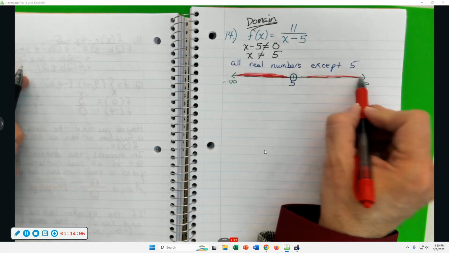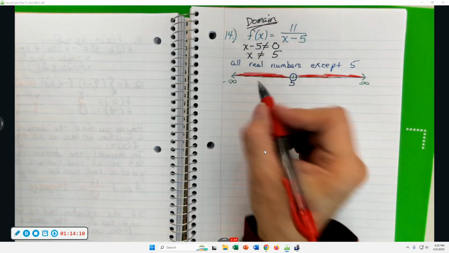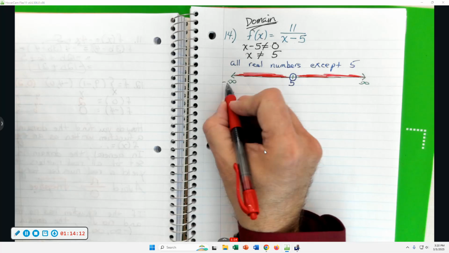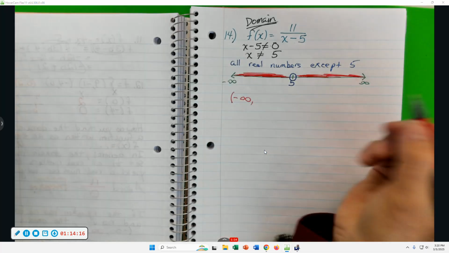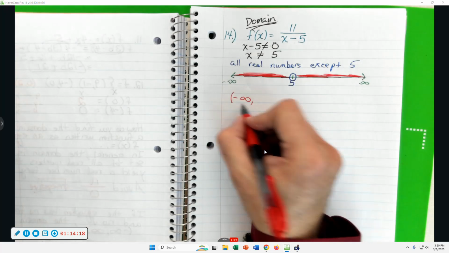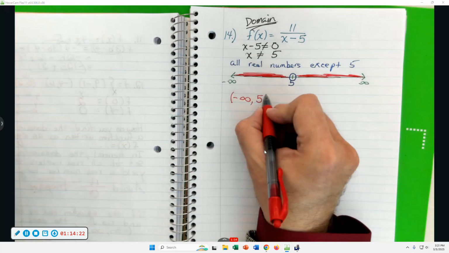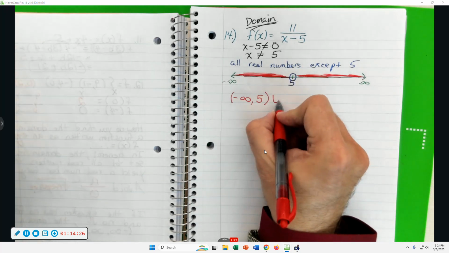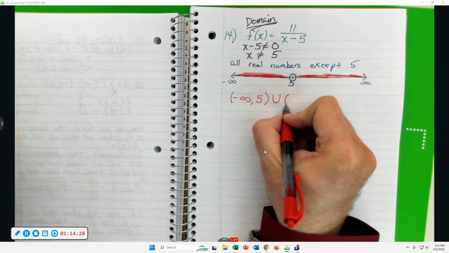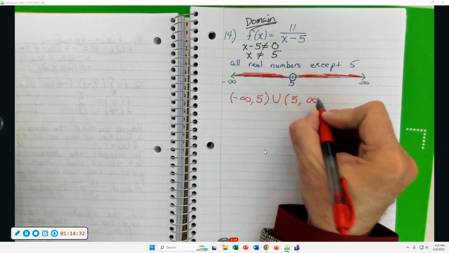Okay, if we're talking about every number except 5, I'm shading them red. How would we write that in interval notation? Well, parentheses, always beside infinity: negative infinity, comma, 5, parentheses, because we're not including 5, union, parentheses, 5, infinity.